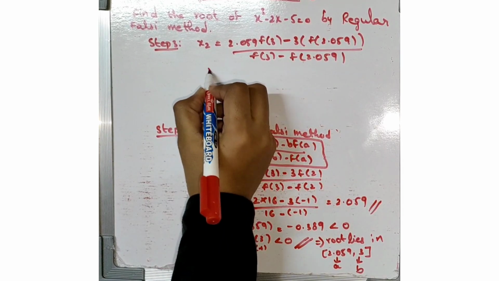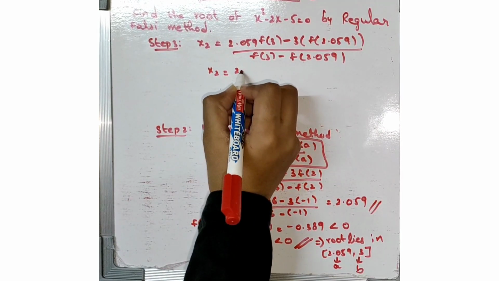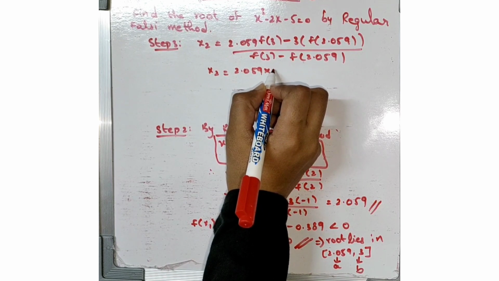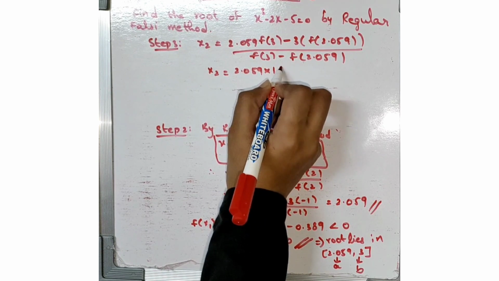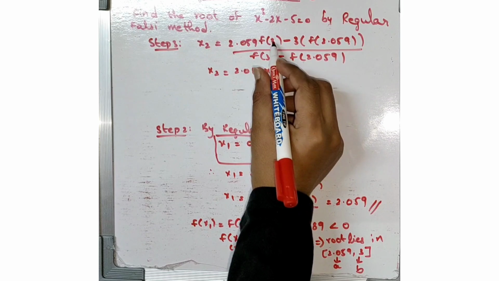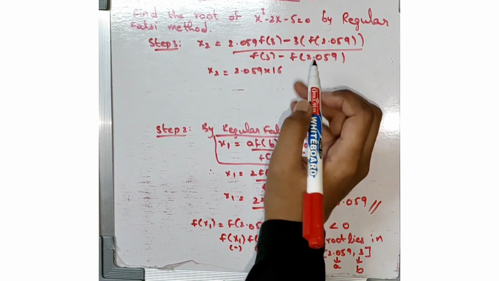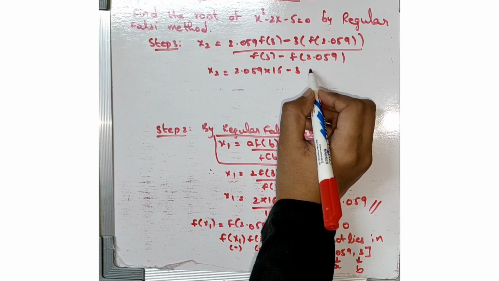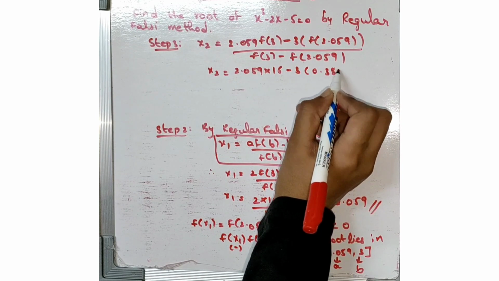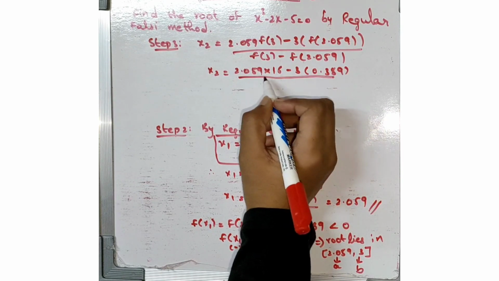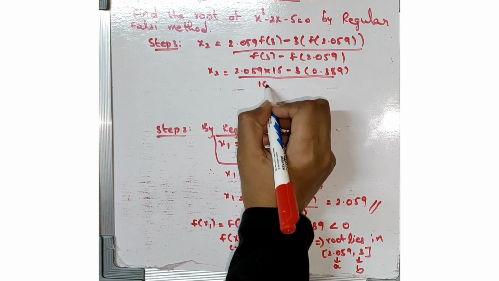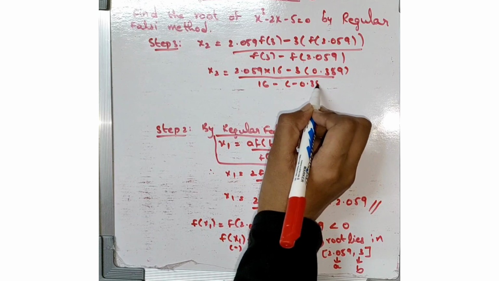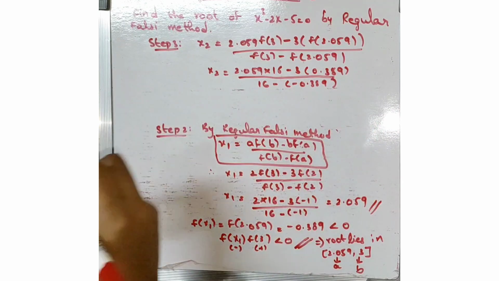Now calculate the values for x2. 2.059 into f of 3, I calculated it, and f of 3 value is 16. You just have to substitute 3 in this equation. Minus 3 into f of 2.059, which is minus 0.389, divided by f of 3, which is 16, minus f of 2.059, which is minus 0.389.